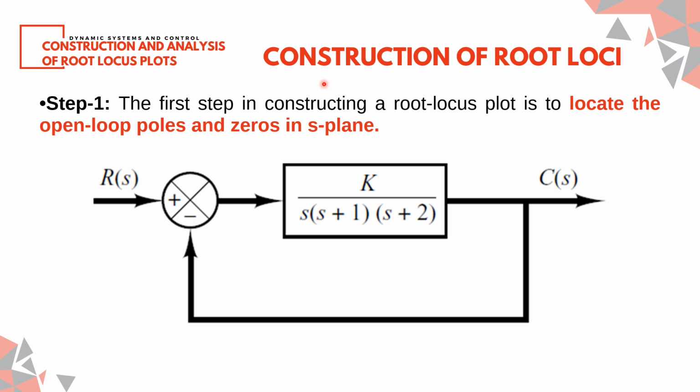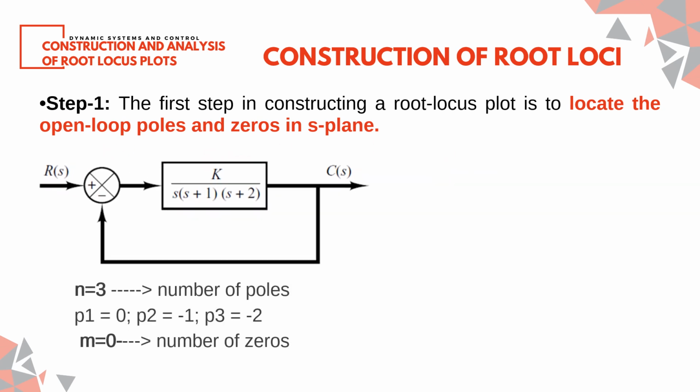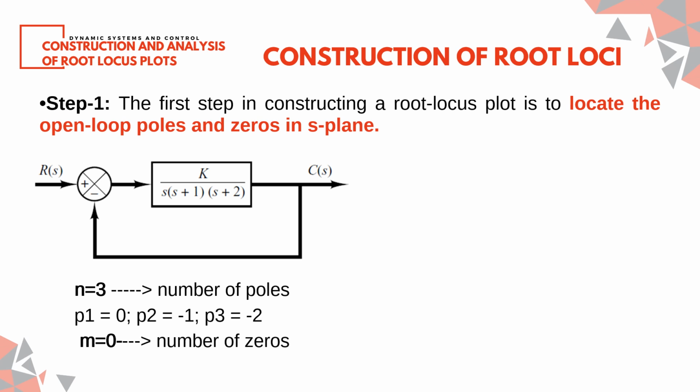Now let's begin the construction of root loci. The first step in constructing a root locus plot is to locate the open-loop poles and zeros in the S-plane. Given this example, we have three poles, which can be derived from the roots of the denominator s(s plus 1)(s plus 2).